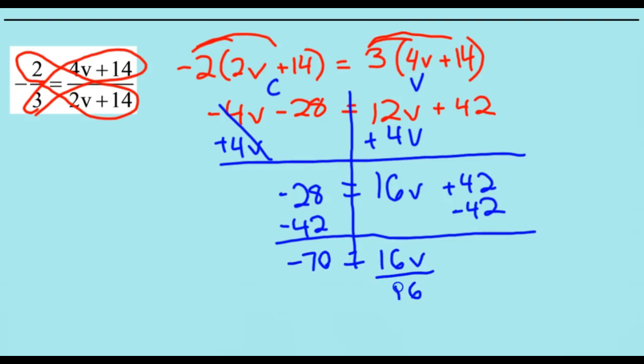Divide by 16. And v equals negative 70 divided by 16, which gives me negative 4.375.